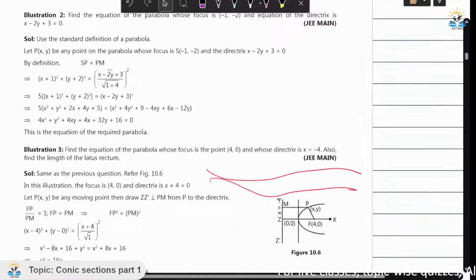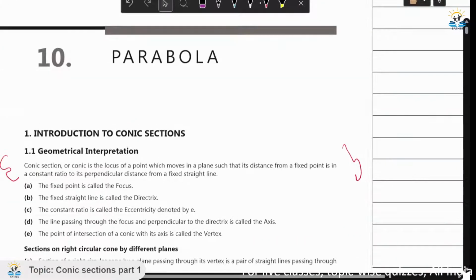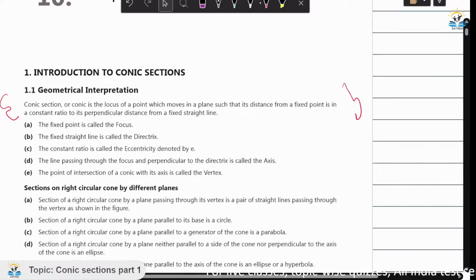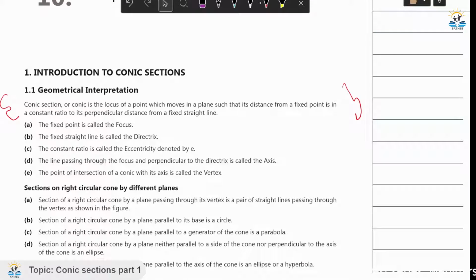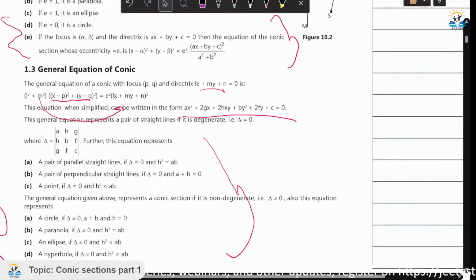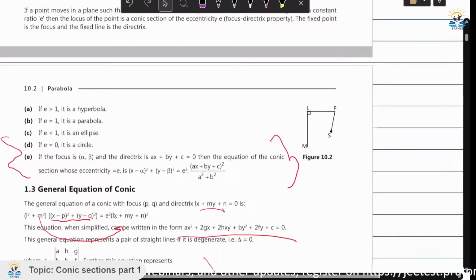But let's just revise what we have done in the previous half an hour or so. We tried to cover what conics are. Basically conics, as we had defined, are different profiles that we see when we cut or intersect a cone at different angles and at different surfaces. So this was our initial point. Then we started with the parabola.